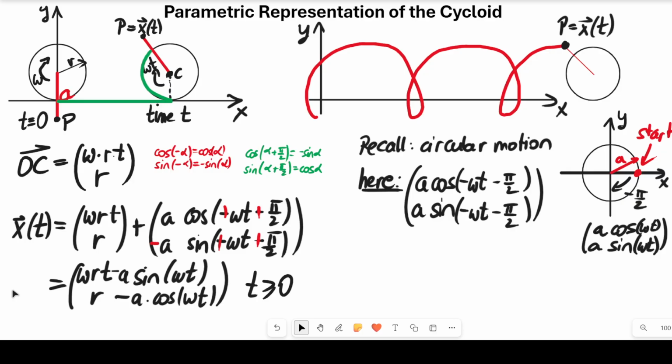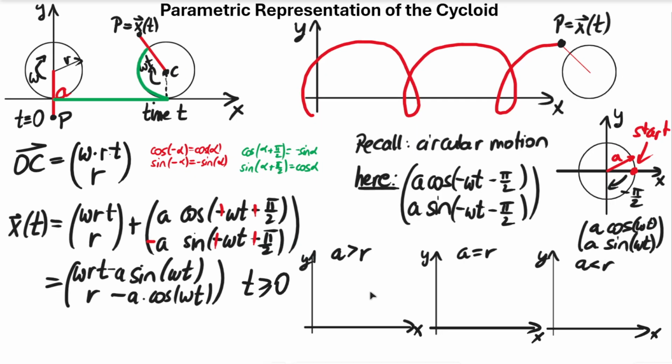I've shifted the trigonometric properties here in order to get more space for the final sketches. So we want to study the profile of the cycloid if a is larger than the radius, so the crank is longer than the radius of the circle, a is equal, and a is smaller than the radius. For larger, you have already seen above, so it looks something like that.